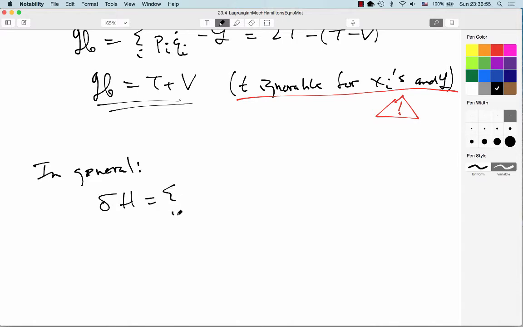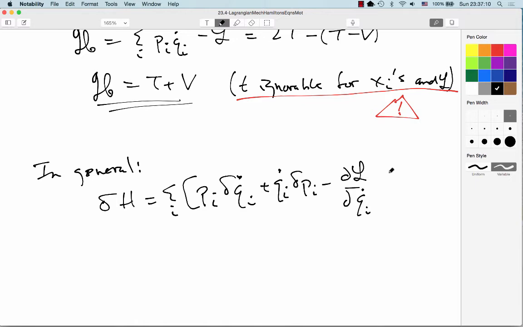The variation of the Hamiltonian will be sum over i of p_i variation of q_i dot plus q_i dot variation of p_i minus partial L partial q_i dot variation of q_i dot minus partial L partial q_i variation of q_i. Alright, so this bit right here is just p_i. So because that's p_i, those two terms cancel. That's good.